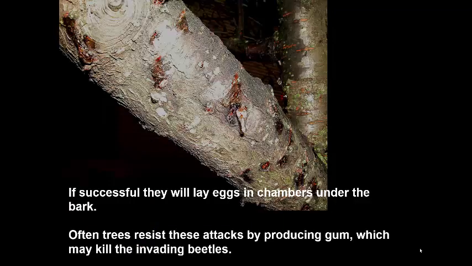The beetles themselves start an attack like other bark beetles by entering the tree and making that egg gallery. Often the trees will resist, and in the case of these Prunus, they'll resist by producing copious amounts of gum. And if this can be extensive enough, it can often kill some of the invading beetles.